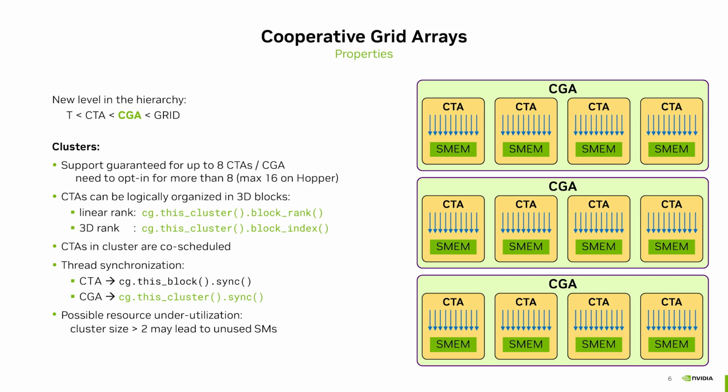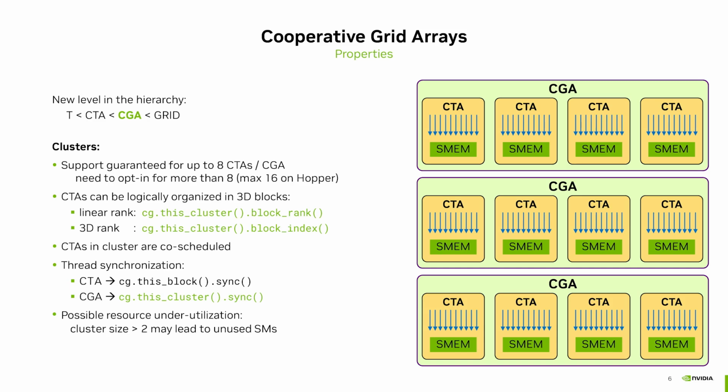So execution of the CTAs in a cluster is co-scheduled, and all the threads within the CJ can be synchronized similarly to CTA synchronization. One note on the resource utilization. For cluster sizes more than 2, it's possible that not all the DSMs will be used by a kernel.